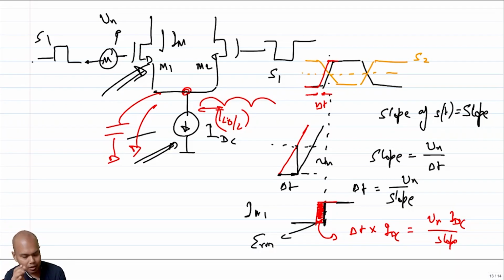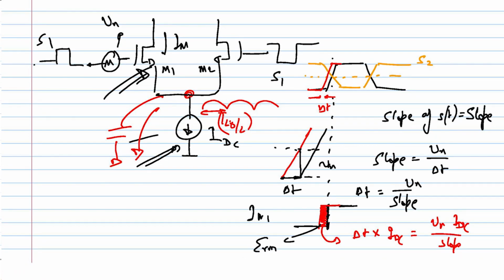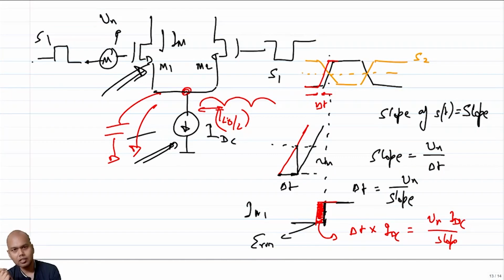If the threshold voltage reduces, then obviously the amount of overdrive you require to drive a signal will be lower. So some tricks can be played in those directions. However, you have to be careful with the breakdown and forward bias junctions and all those things, right? Okay, so we will stop here.